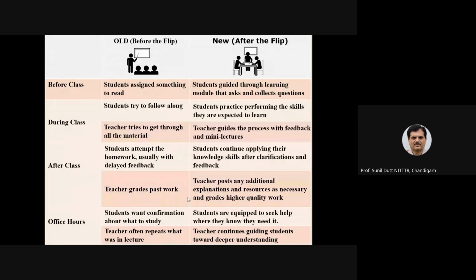So before the flip, students are assigned something to read. Students try to follow along. Teacher tries to get through all the material. Students attempt homework, usually with delayed feedback, because the teacher gives homework, and many a time the teacher will not get any time to evaluate the homework.